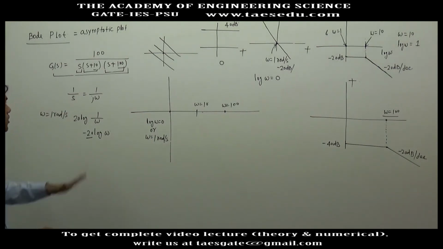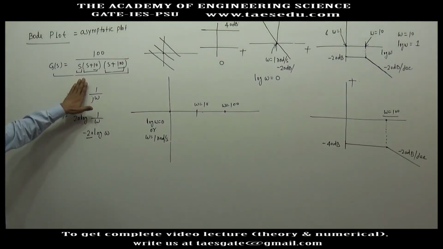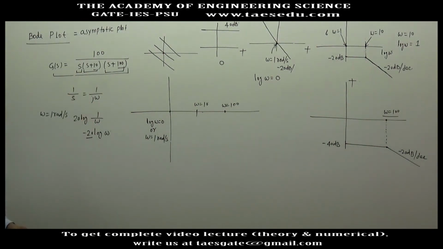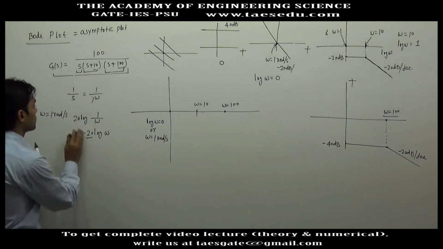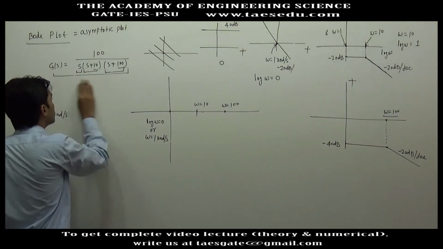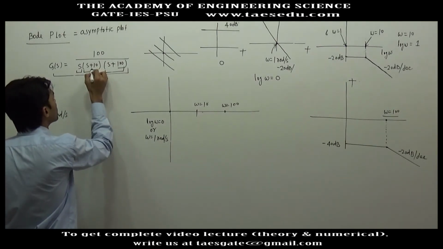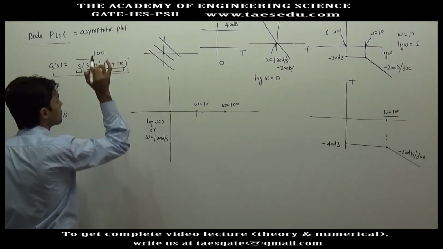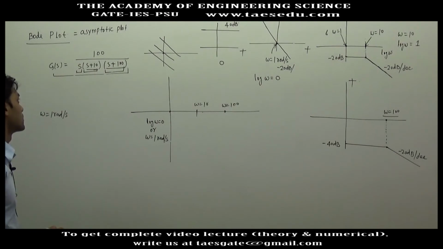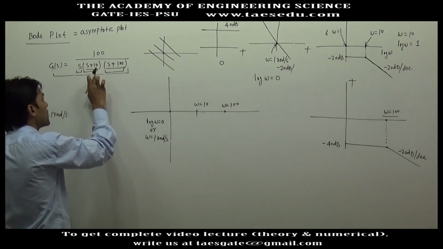you already know we have to plot an asymptotic plot or approximated plot. And what is the basis of approximation? The quantity which is lesser will be neglected. If you have a term of addition, here you have a term of addition, and also here, we will apply approximation.